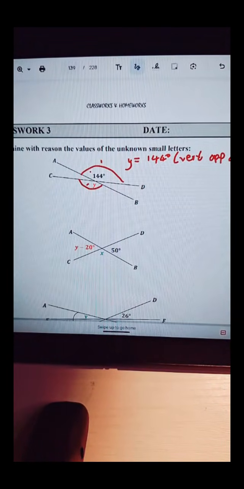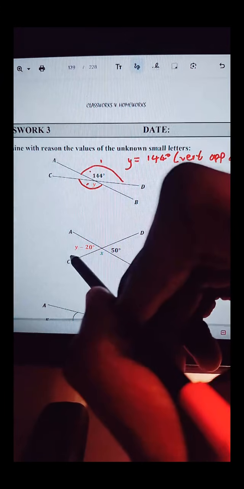Here we want x and y. There are many ways to find x or y, depending on what you are seeing and what you are looking at. So if I was to ask, what is the relationship between y minus 20 and 50?